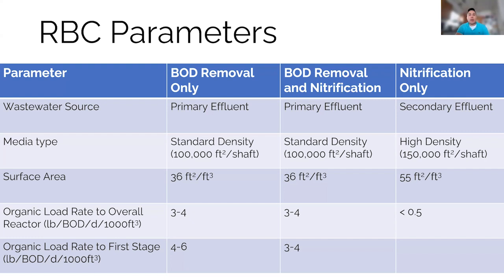Another difference that's not called out here is that for BOD removal, only about 40% of the disc is typically submerged, whereas in a nitrification-only setup you submerge the disc about 70 to 90%. So that's an important thing to remember about these as well.